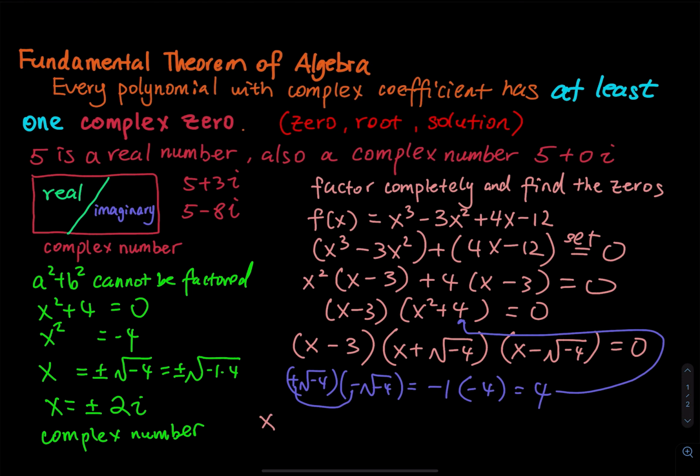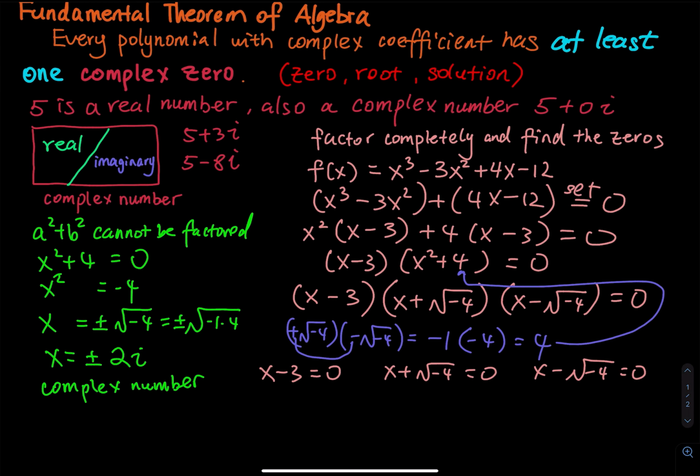And then back to our problem. So we have x minus 3 equals 0, x plus the square root of negative 4 equals 0, x minus the square root of negative 4 equals 0. This is x equals 3, and then this is x equals the square root of negative 4, x equals plus, you subtract, right?